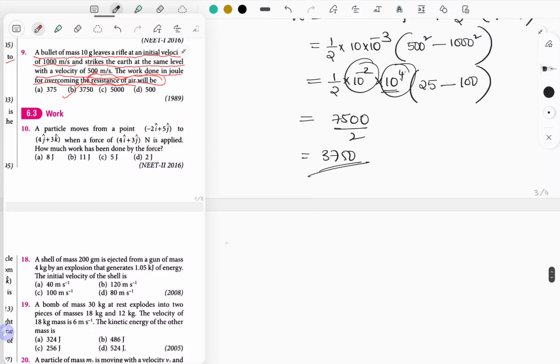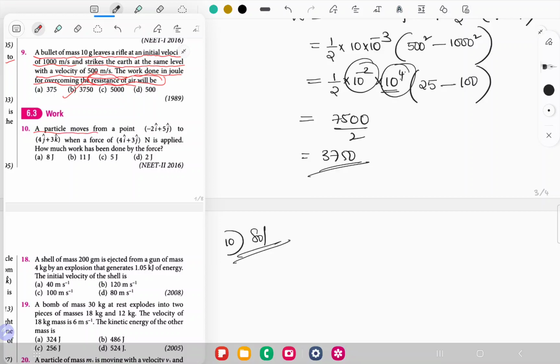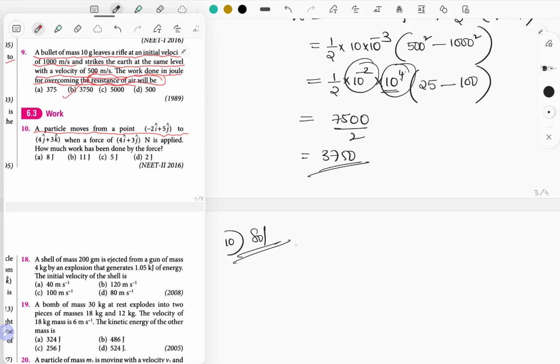Question number 10, which is based on work done. A particle moves from a point minus 2i cap plus 5j cap. They gave the initial position, that is r1 bar is equal to minus 2i cap plus 5j cap. From this position, the particle is moving to another position, that is r2 bar is equal to 4j cap plus 3k cap.